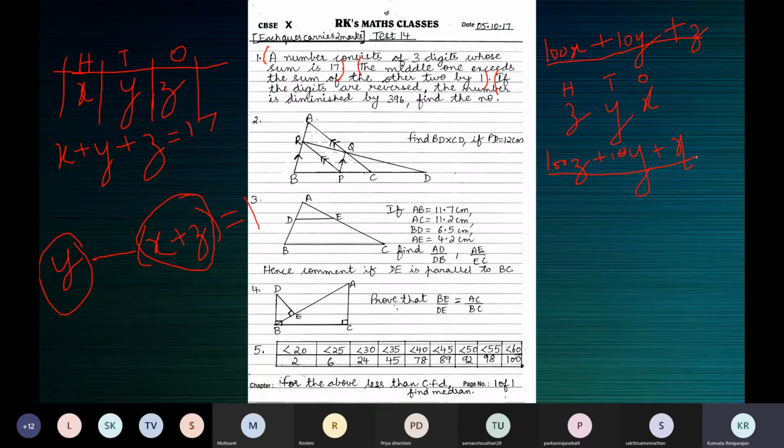Similarly here, the original number 100x plus 10y plus z minus the new number 100z plus 10y plus x is equal to 396.